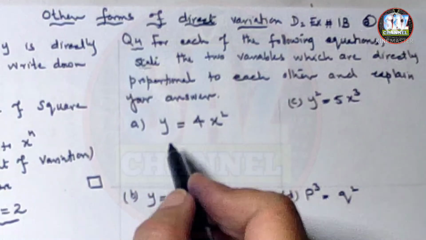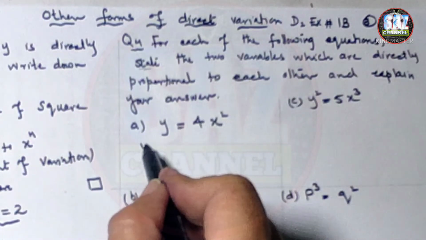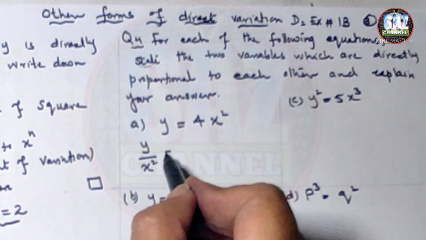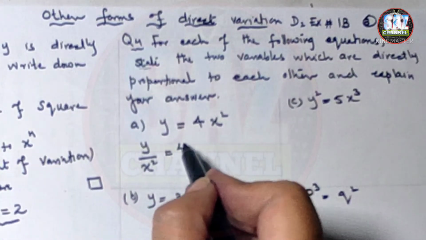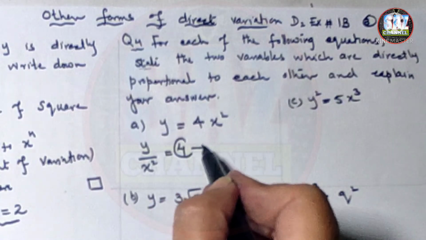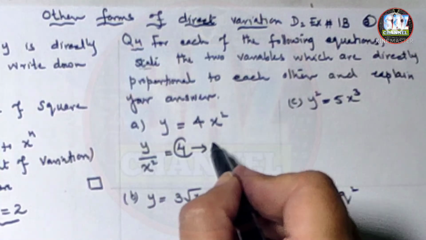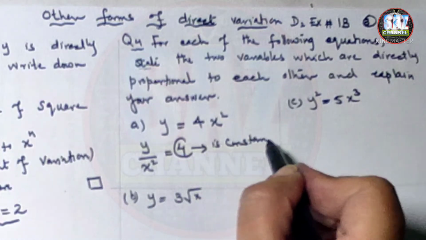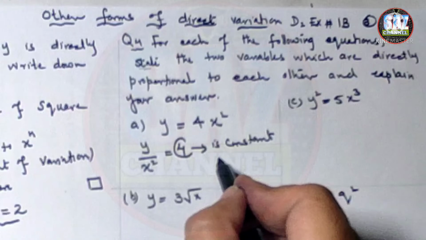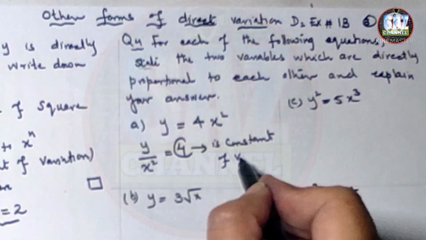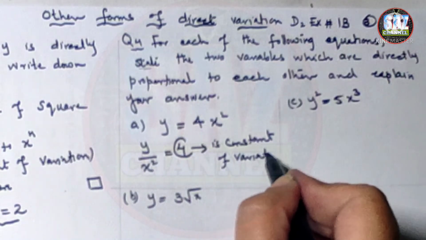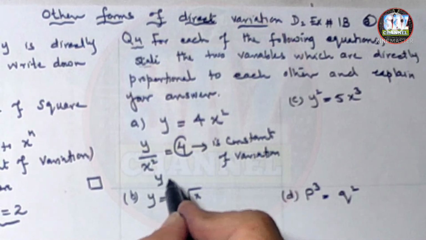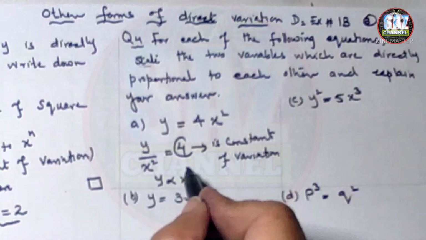So if I'm shifting x square, y by x square equals 4, this is the constant of variation, and y is directly proportional to x square.